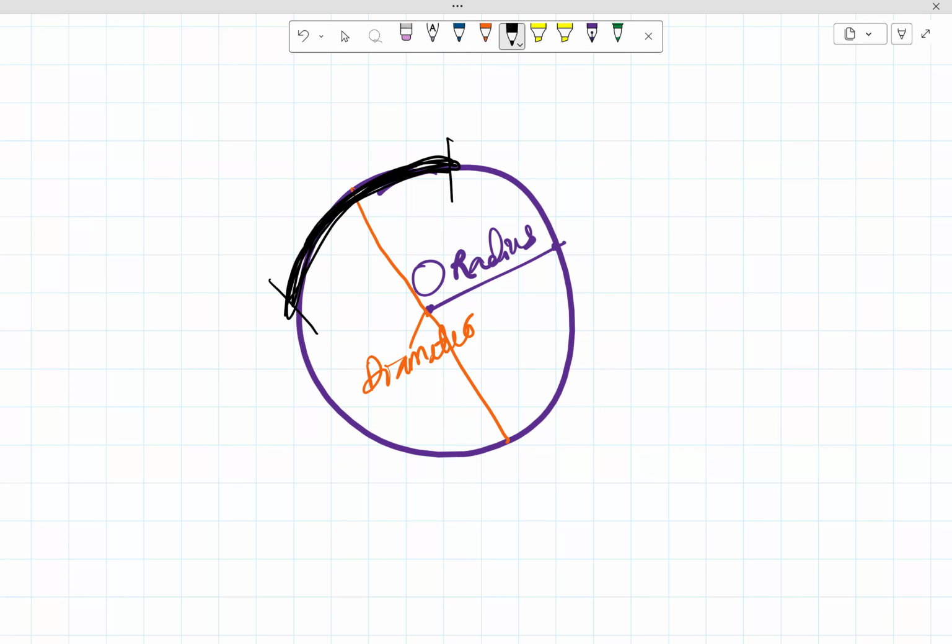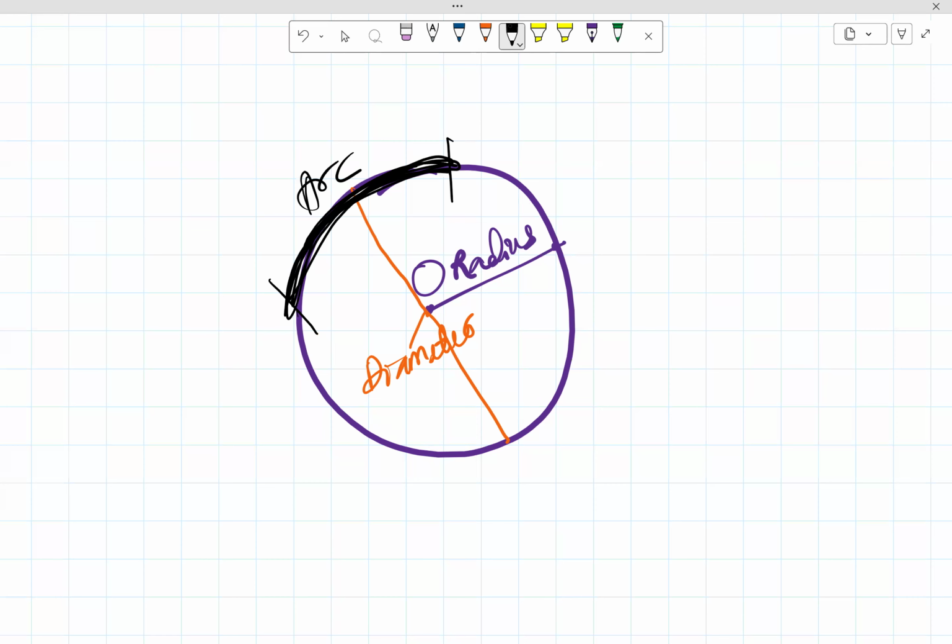So this is an arc now. Interestingly, there are usually two arcs. The smaller one is the minor arc, while the bigger side here, this whole big thing here, is the major arc. But let's focus on the minor one for now. So that is an arc. It is a portion of the circumference of the circle.